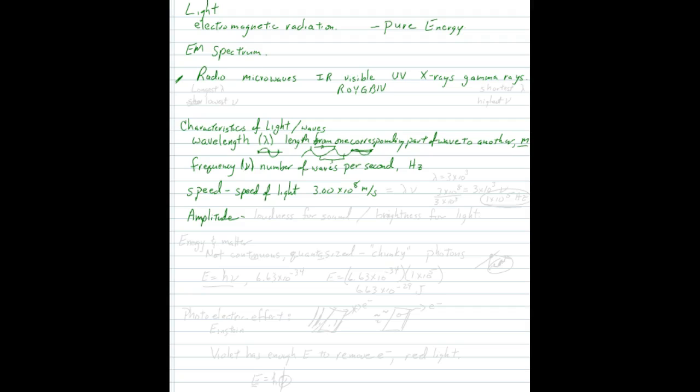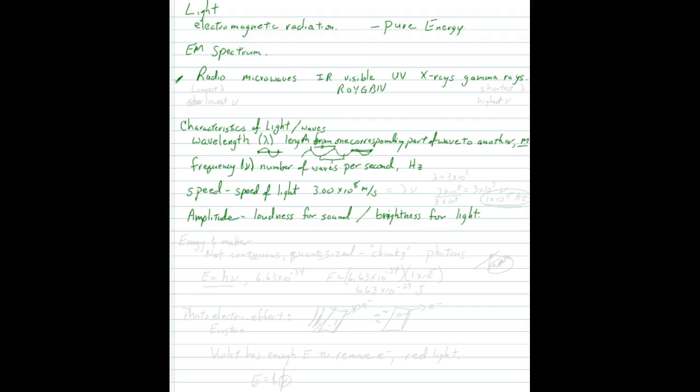Amplitude is the height of the disturbance. It corresponds to loudness for sound, brightness for light. There's just more of the stuff coming at you.